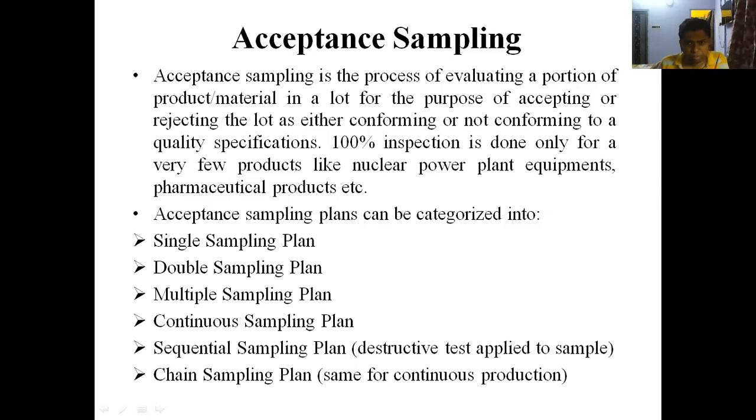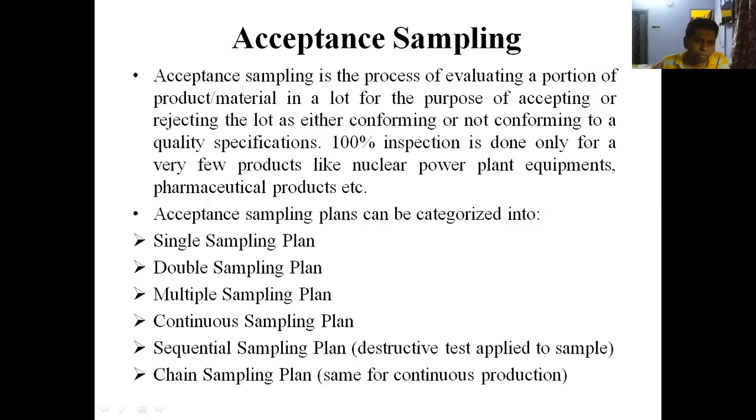Or in the case of nuclear power plant equipment, if the items are defective, it could be fatal. So that's why in these types of cases, 100% inspection is required.